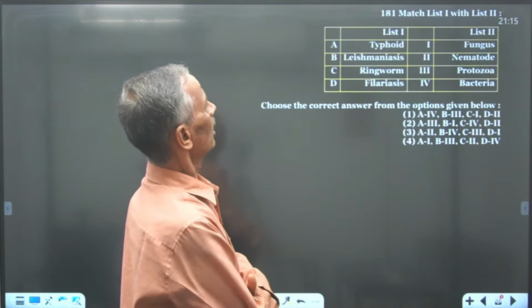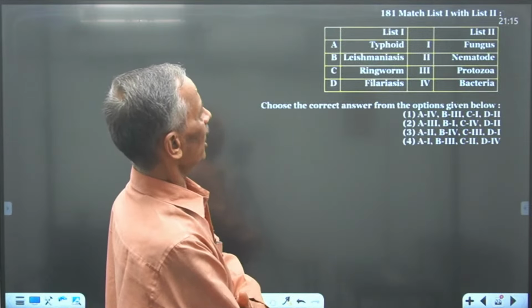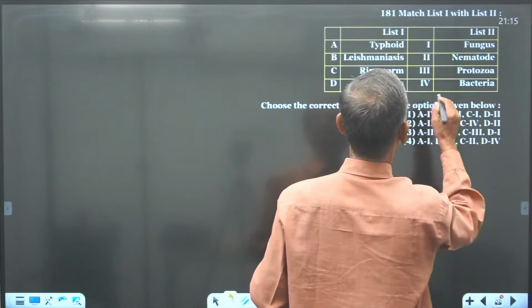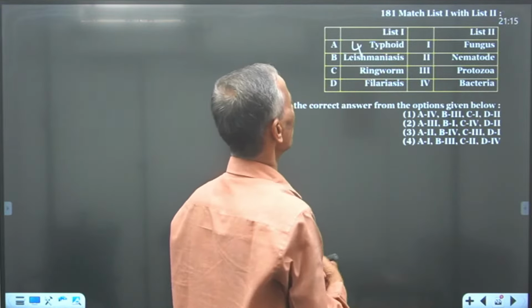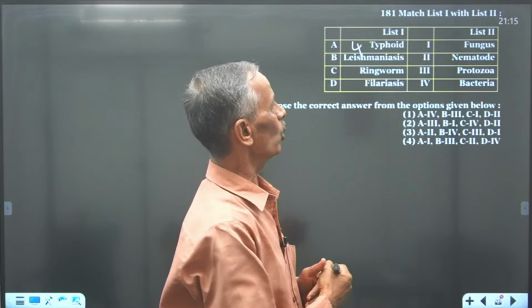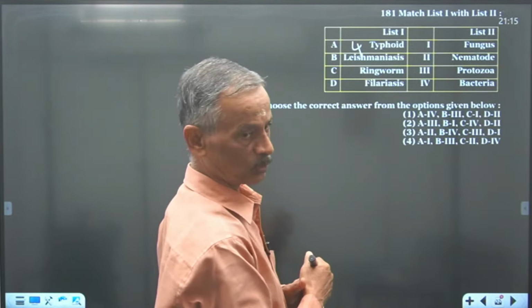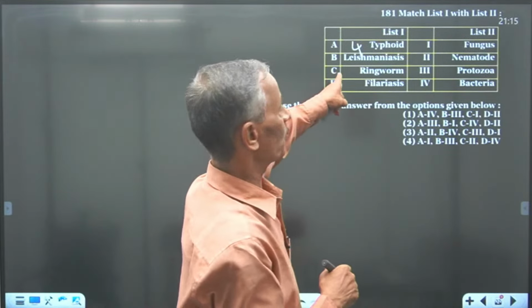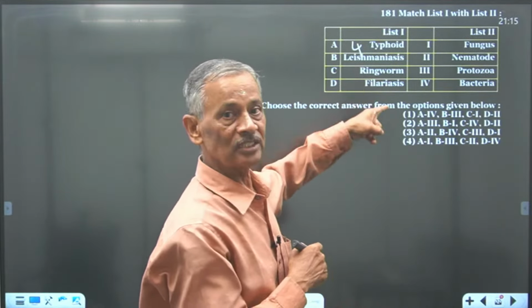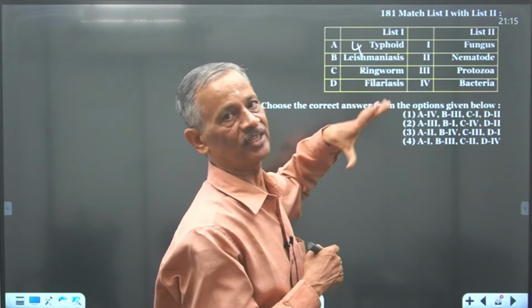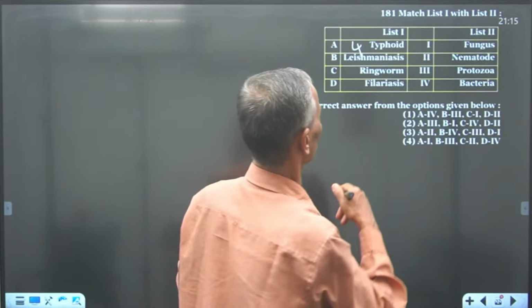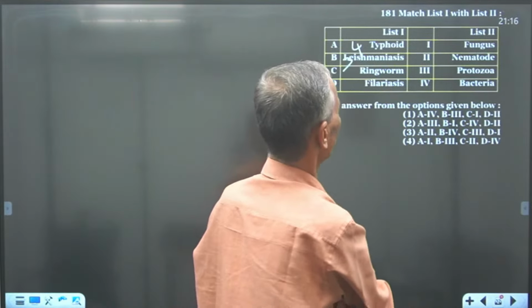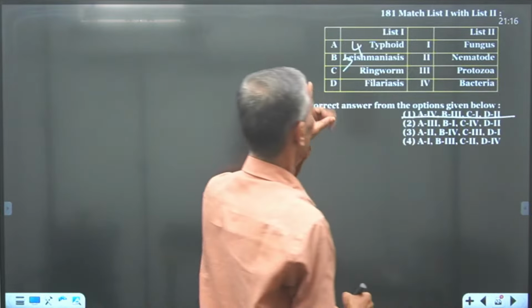Again, typhoid. Typhoid is caused by Salmonella typhi. It's a bacterium. Leishmaniasis. Leishmania donovani. It's a protozoan, flagellated protozoan. Trypanosoma gambiense and Leishmania are two flagellated protozoans that are all parasitic in man, digenetic parasites. So it is 3. So 4, 3, immediately we came to the answer. Ringworm.